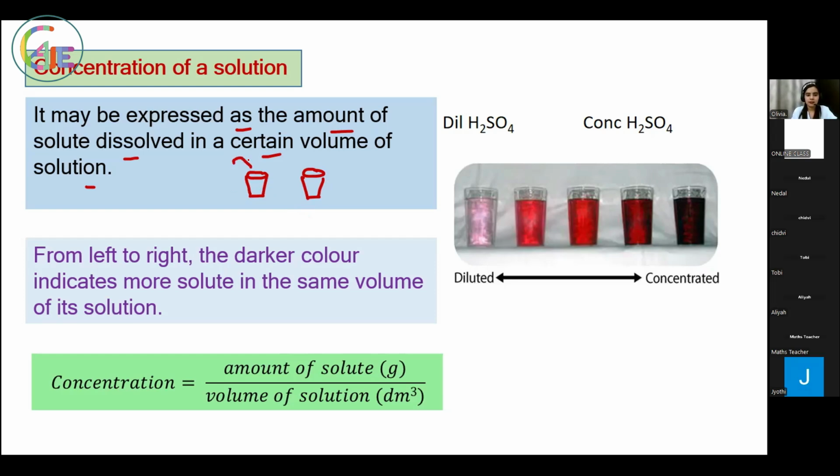And let's say in one, I have taken some amount of solute. This glass contains some amount of solvent. And I mix the solute in the solvent. Now this glass is containing a solution. Let's assume my solute is salt.